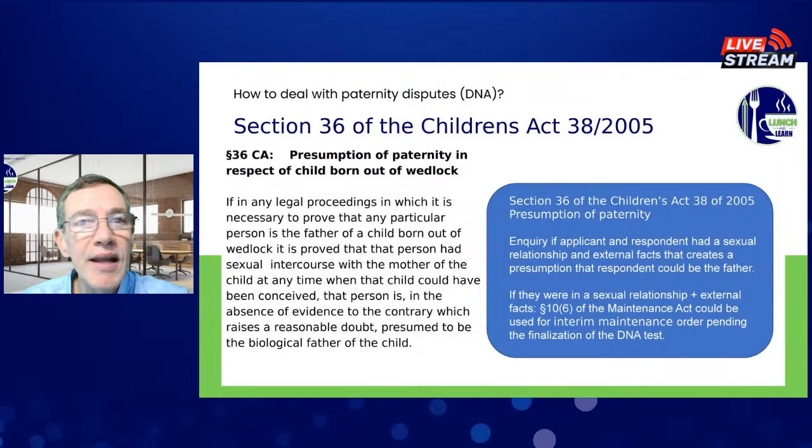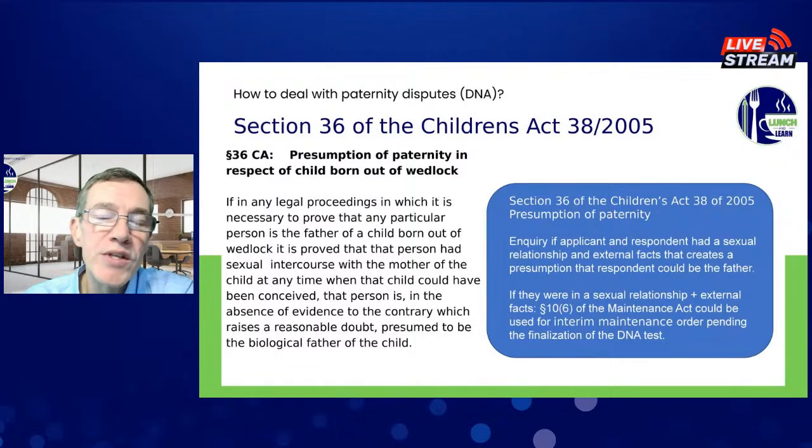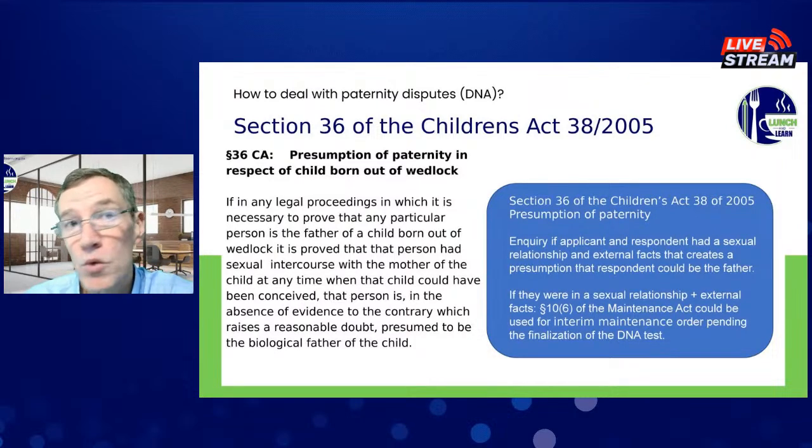So you could ask for an interim maintenance order to be made pending the finalization of these DNA tests, which might take a week or two, or even 3 weeks, depending on what the court roll looks like. So if you are faced in the maintenance court with a request for paternity, that the matter be postponed, remember, Section 10.6 says that these postponements, if they are necessary, should be limited in duration and number.